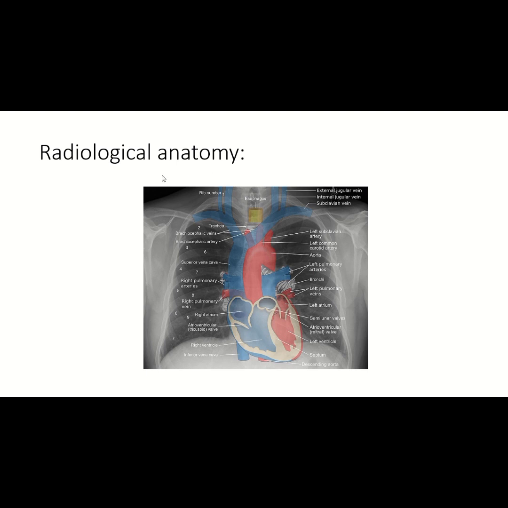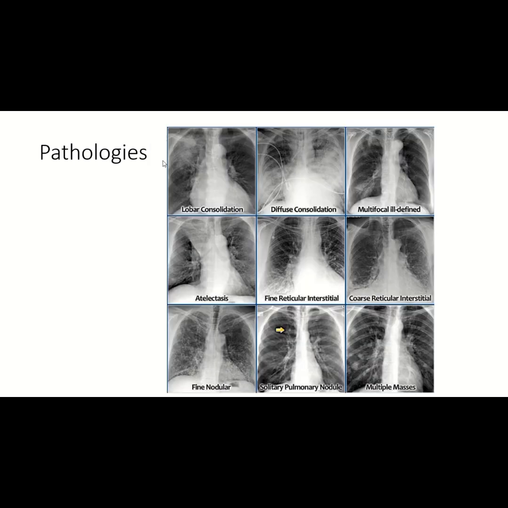Basically, it's a normal X-ray, and these are the basic structures we can see during the reporting of X-ray. There are some pathologies we can easily see, like lobar consolidation.